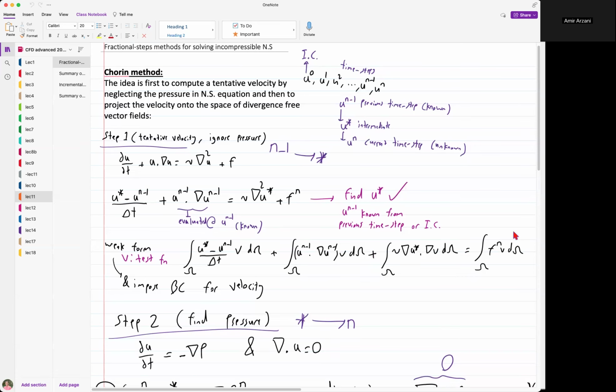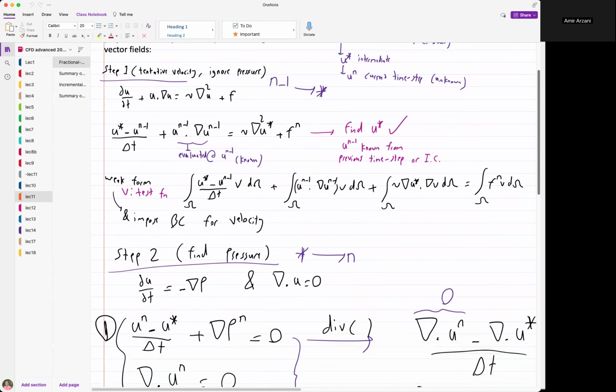In the weak forms in this lecture, I'm going to be ignoring any boundary terms just for simplicity. In this case, if you look at this weak form, the goal is to solve for U star, and U^(n-1) is known from your previous time step. And you also impose any boundary conditions when you're solving this equation.